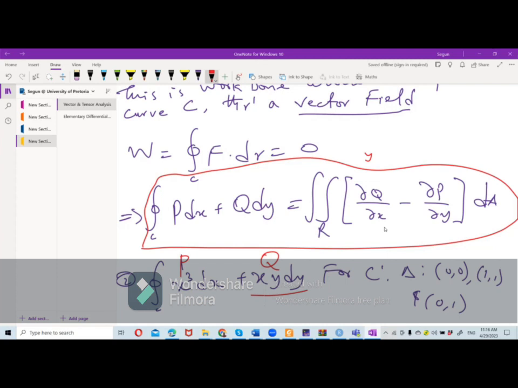The p dy. Do you have y here? No, you have 0, because everything there is constant. You remember the law of partial derivative.